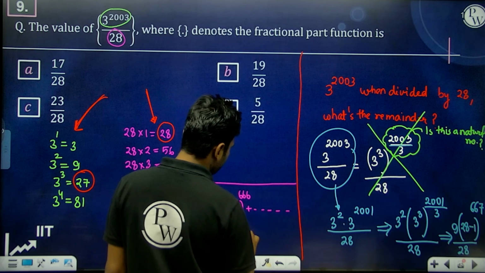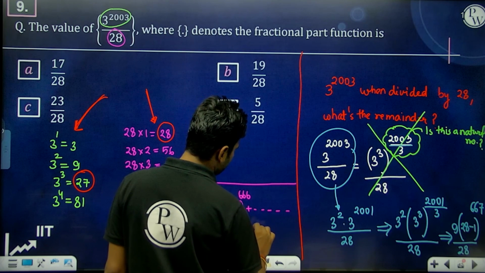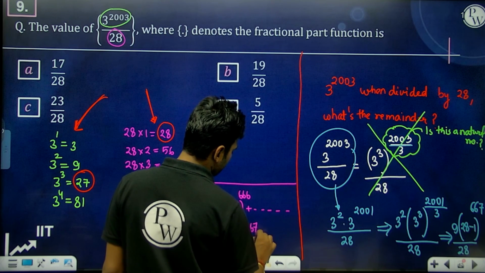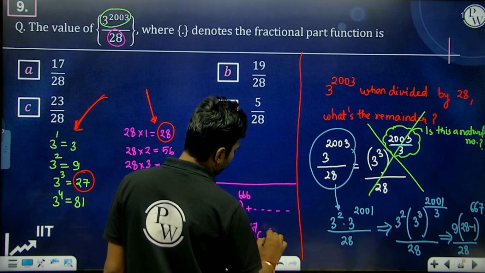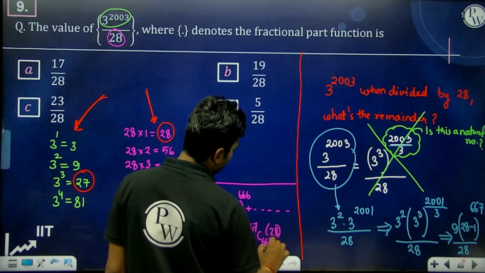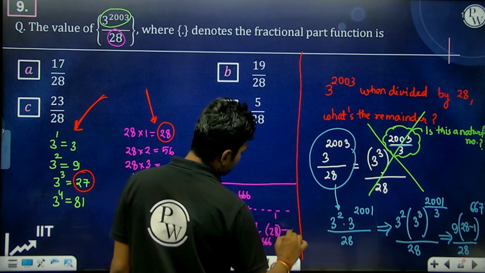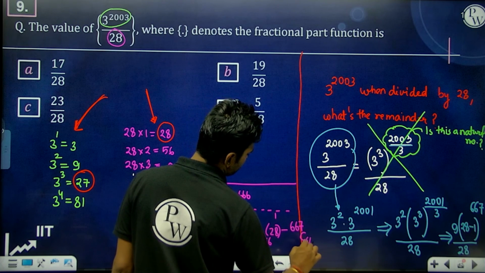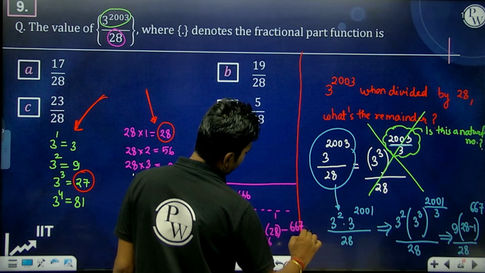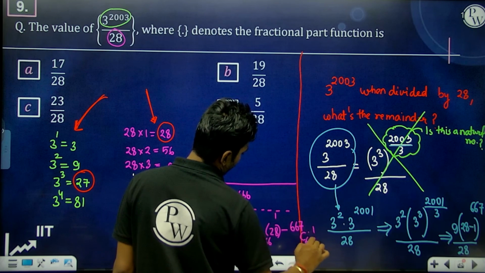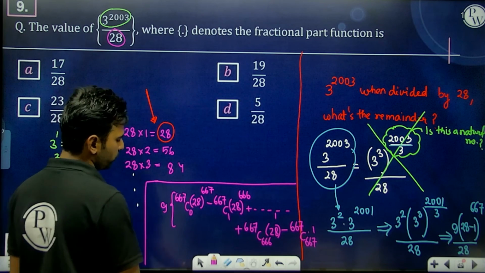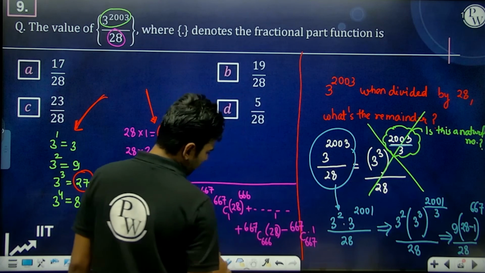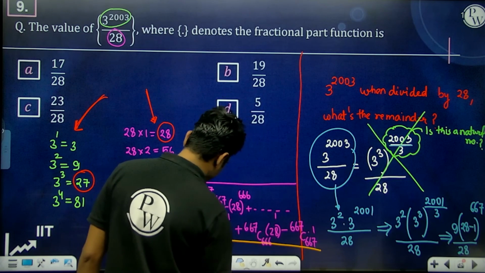The second last term is going to be 667C666 28 to the power 1, and the last term is going to be 667C667 into 1, and in the denominator 28 will come.